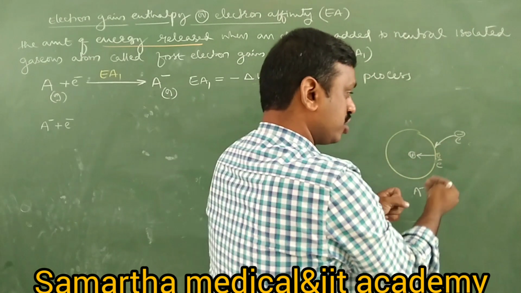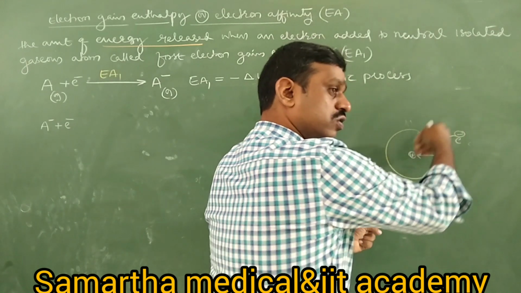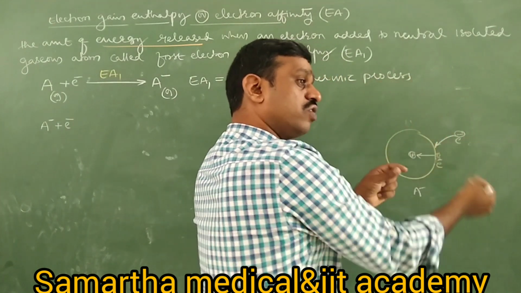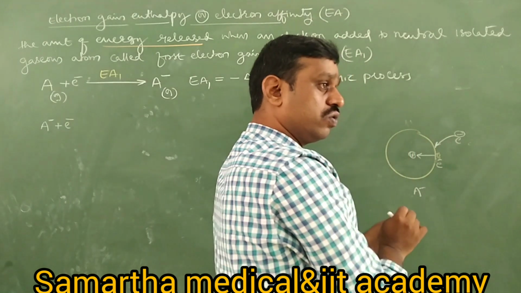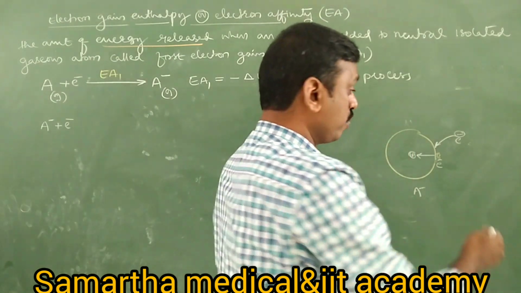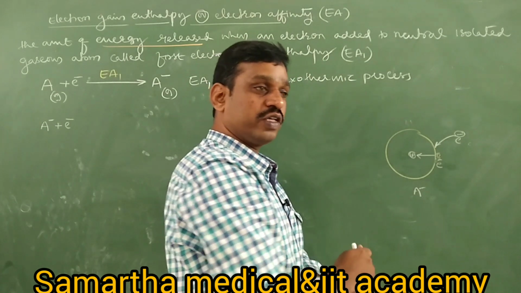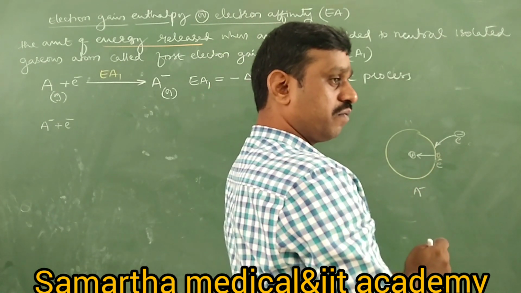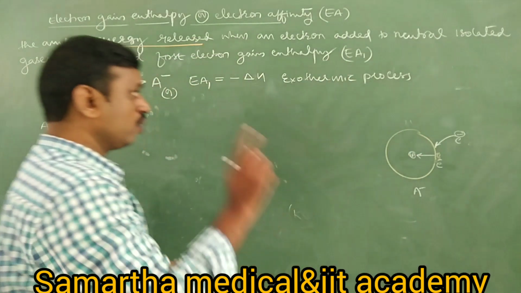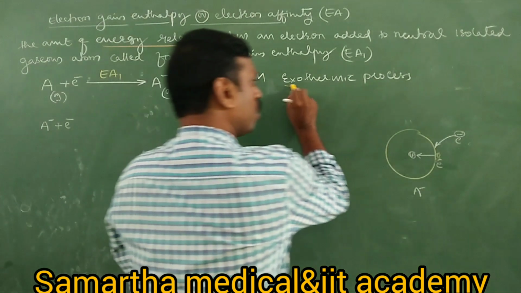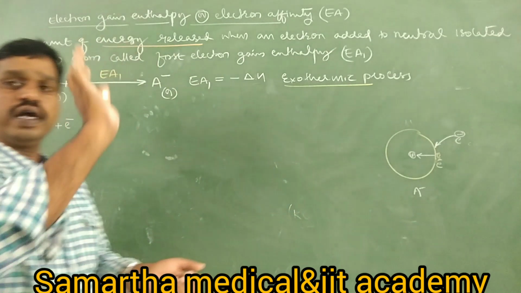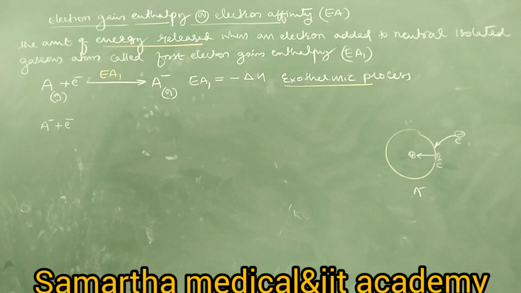Due to this repulsion, the electron cannot be added so easily. If you want to add it, we need to use energy, so it becomes endothermic. So remember, only the first electron gain enthalpy is exothermic, and all the remaining electron affinities are endothermic processes.